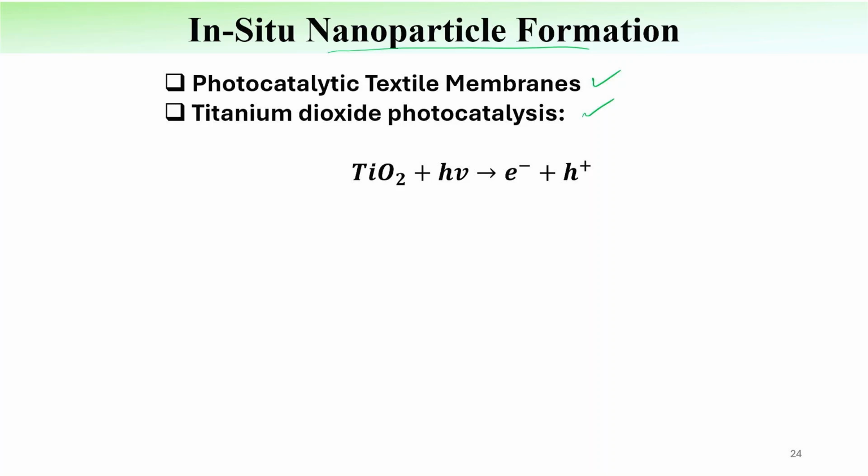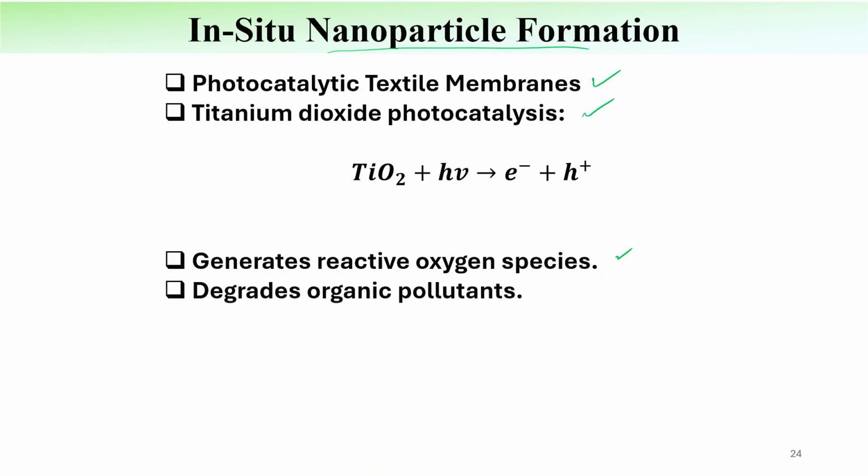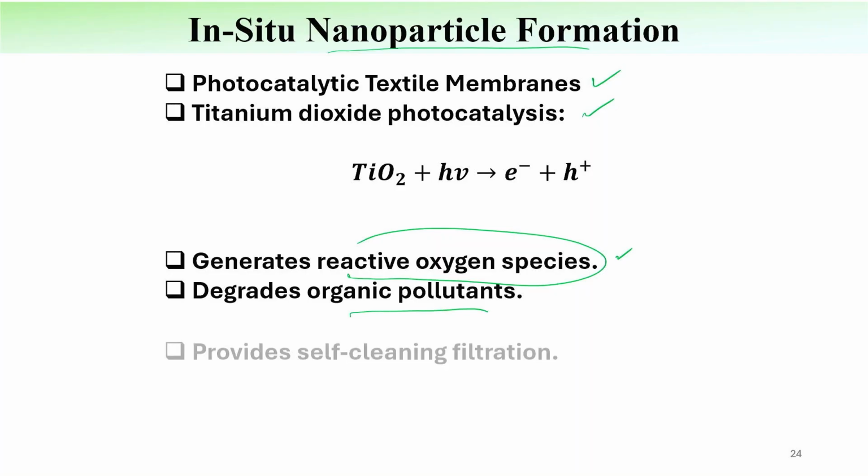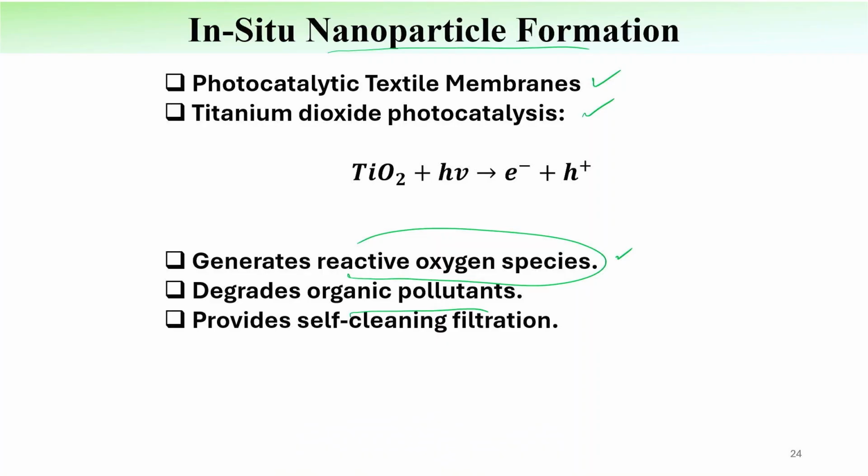This is the reaction equation here. It generates reactive oxygen species, and as this reactive oxygen species is there, it degrades the organic pollutants by chemical reaction, and it provides self-cleaning filtration.